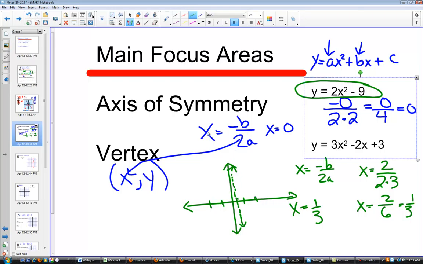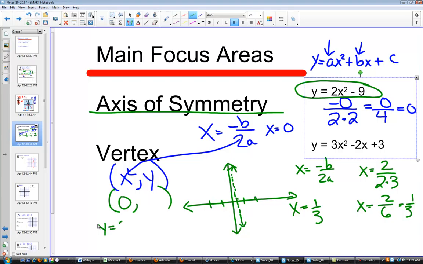Alright, so that is a key part of our parabolas, in our graphs of our quadratics. Now that value we use is helpful for a couple of things. Once we find that, we're like, oh sweet, now we can find the vertex. So if we take this first one, x equals 0, so the vertex is going to be 0 something, and I need to find out what that y value is.